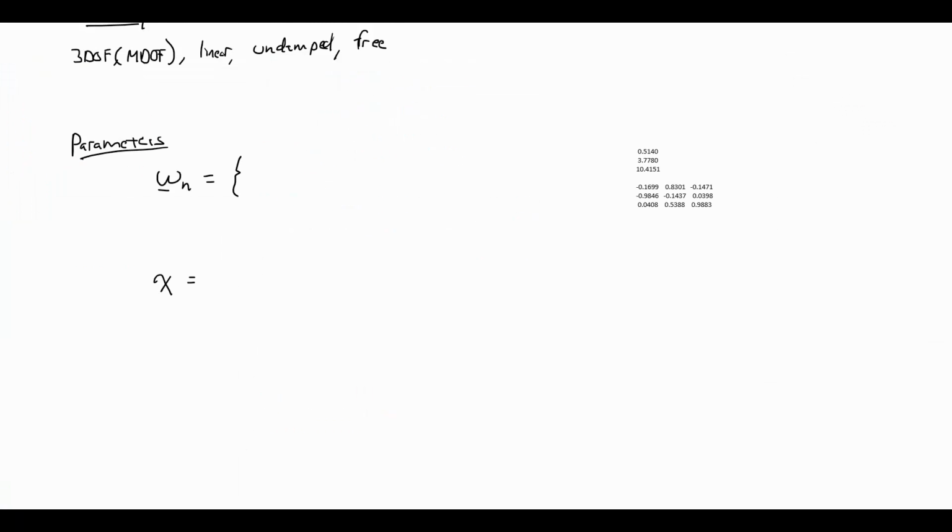So my natural frequencies in ascending order, 0.514, 3.78, I'll just keep the 3 significant figures, radians per second.